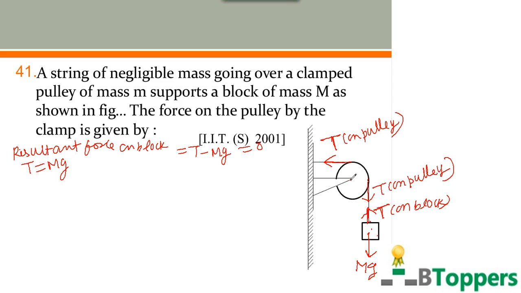The weight of the pulley will have magnitude small m into g, which acts vertically downwards. When the pulley is also in equilibrium, the net force on the pulley must be 0.